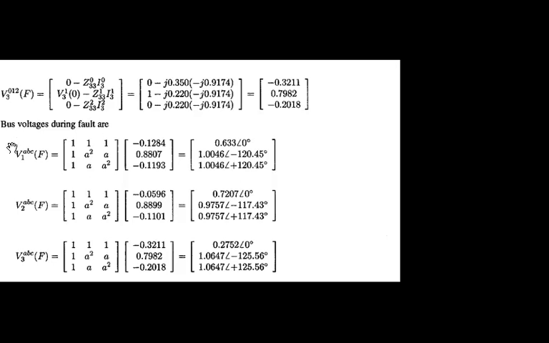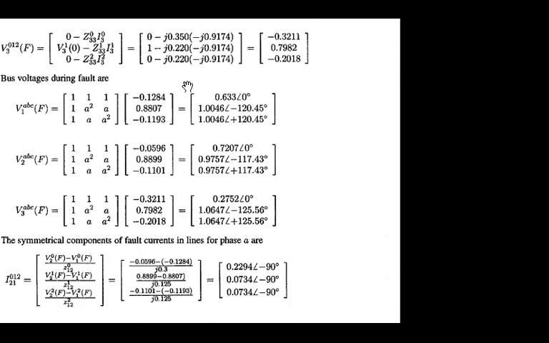Now can you find the line current? How can you find the line current now? V1, V1 0, 1, 2 is in your hand. All the information is in your hand right now. So you can determine that in the 0, 1, 2 domain first. That is I21 0, 1, 2, right? V1 0 over z12, 0.